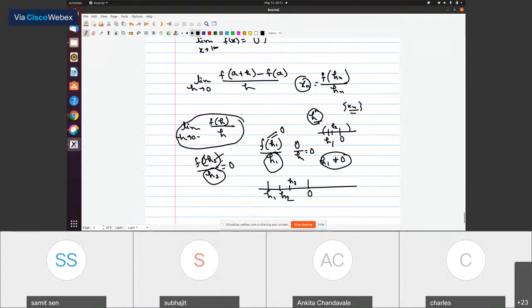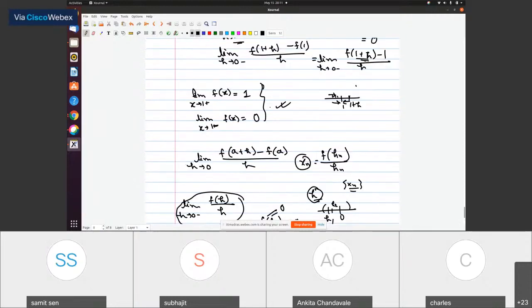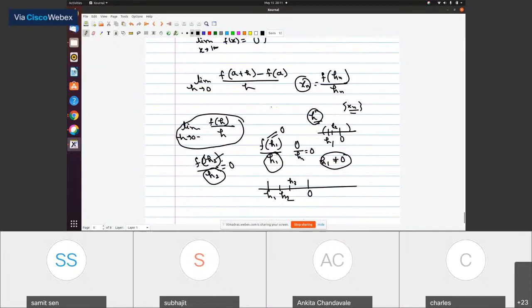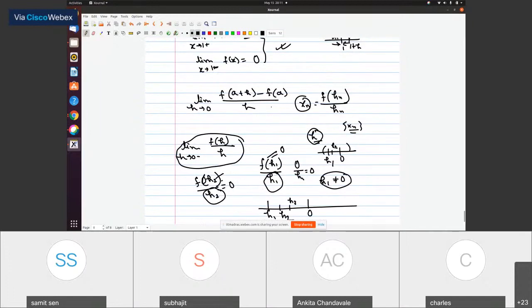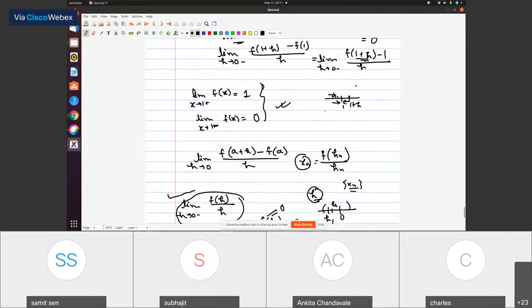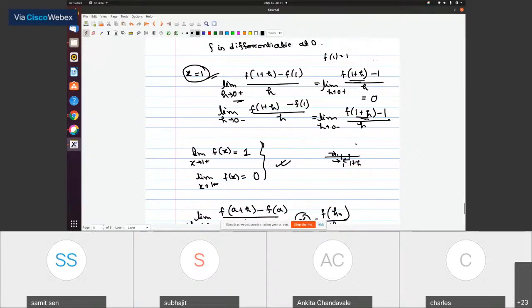Sir, in this I didn't understand the limit h tends to 0 minus, f(1 plus h) minus f(1) upon h. So suppose this is my 1, okay? And if h is tending to 0 plus, 1 plus h means this is on the right hand side of 1.